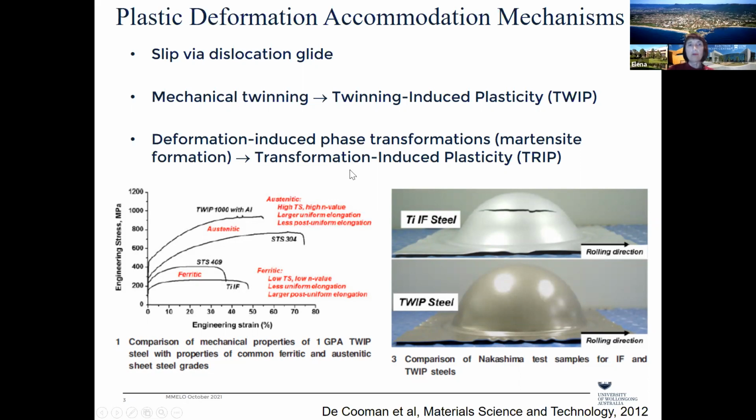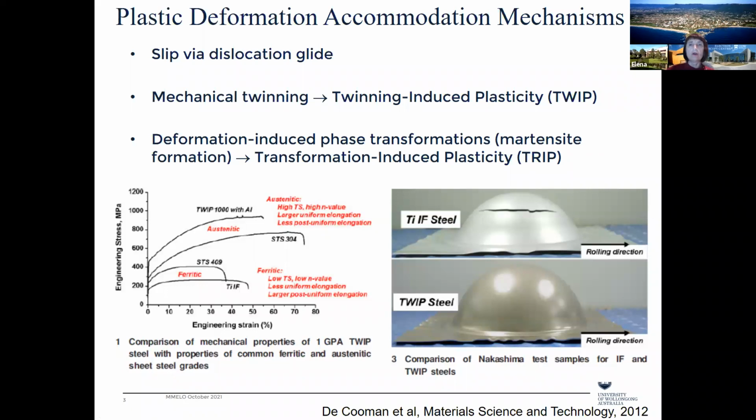And this type of steel that has twinning or TRIP-induced plasticity has very good formability, as we can see from the comparison on these two slides, where we have the standard IF steel and compare the depth of the cup and absence of defects for the TWIP steel.